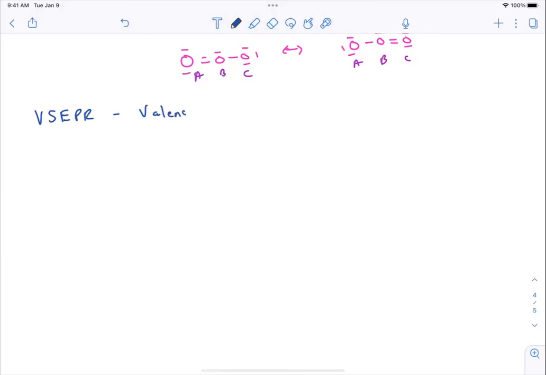It's valence shell electron pair repulsion. Half a page is probably enough if you draw the shapes really small. Okay. So valence shell electron pair repulsion.